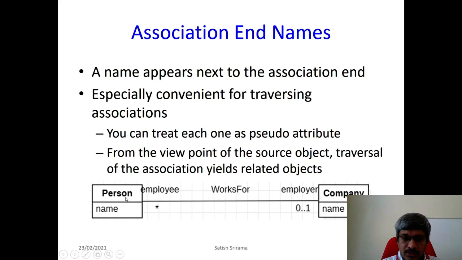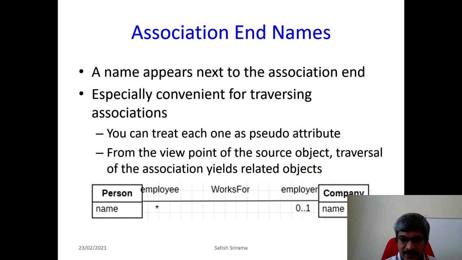So a person is an employee for that particular company, and a company is an employer for that particular person. You can treat these association end names as pseudo attributes for the other class. From the viewpoint of the source object, traversal of an association gives the related objects. So from the person you can reach the company through these association end names, and similarly from a company you can reach the person. So we need to remember these things.